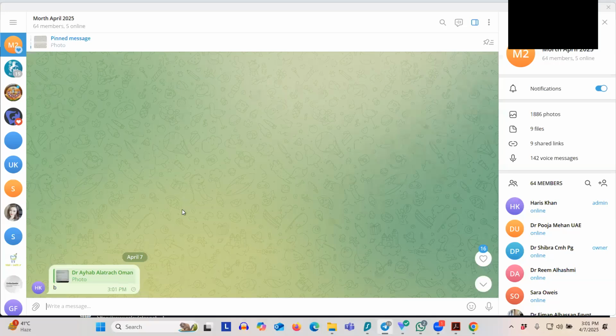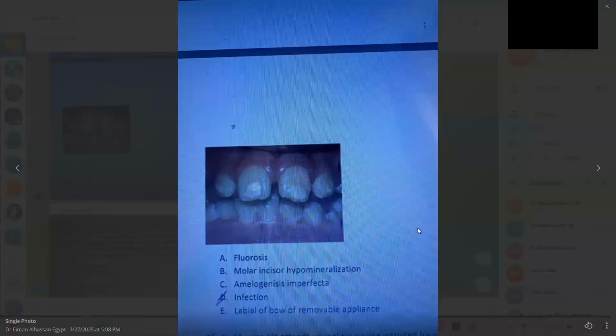It's not fluorosis. It can be MIH. It cannot be infection. It can be due to previous trauma. It's not fluorosis. I do not see the molars. It's not infection; they were given an answer like trauma.